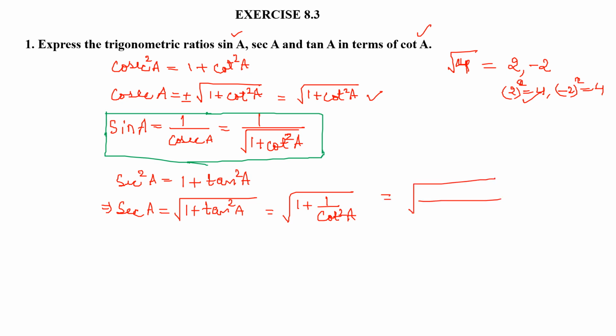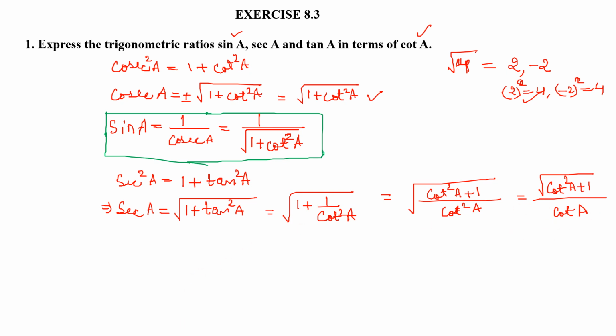The LCM will be cot square A, which will give me cot square A plus 1. And root of cot square A will be cot A. So the answer will be root of cot square A plus 1, by cot A. Because root of cot square A means cot A into cot A, so I will get only cot A outside.